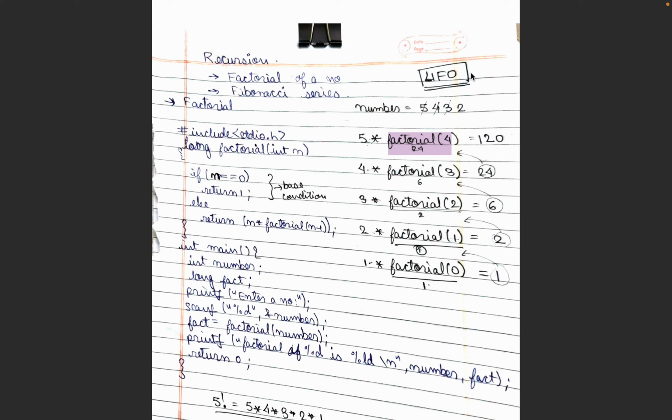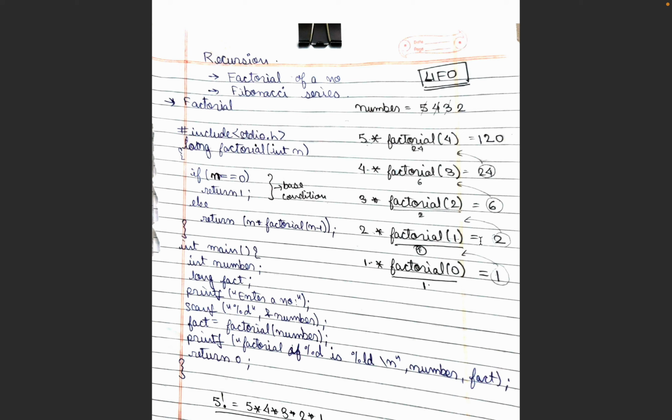In a simple way I will say we will go first in depth. First we will go till depth, and then we will come back above, like the stairs we have gone down, again we will come up, and then we will return the value. So it's a simple way to understand a stack.